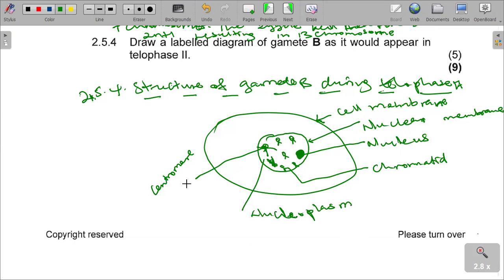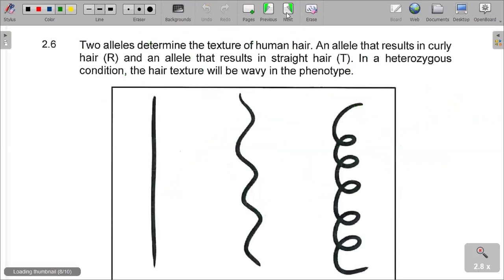I can also illustrate that we have a centromere which is holding the chromosomes together. That is illustrated by this diagram there. So thank you so much for this, and I'm hoping that whenever questions of meiosis come, you won't be confused and you get them clear and straightforward.